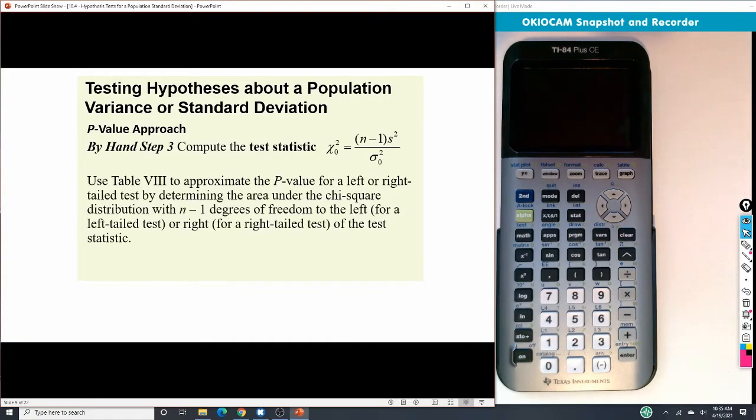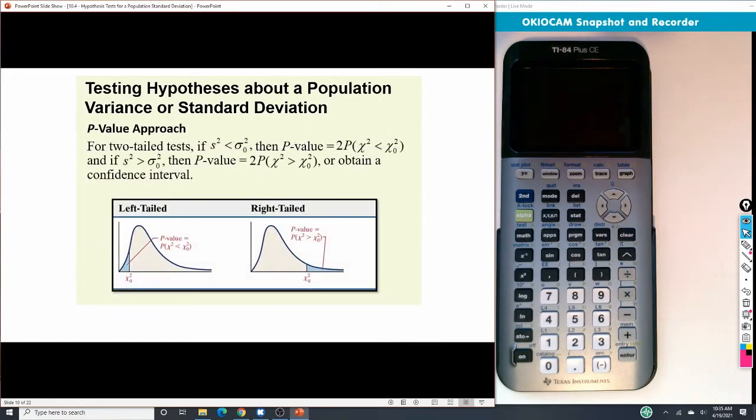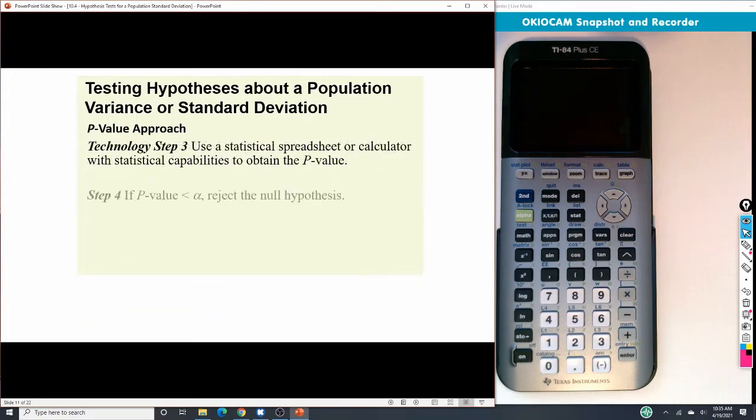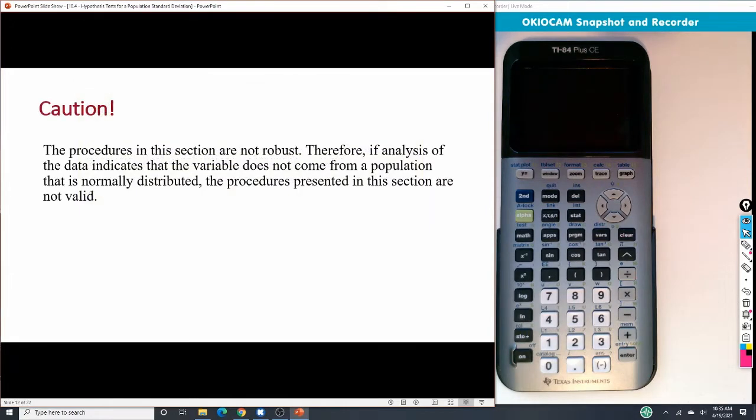Now, again, they're going to do some different things, but we're going to let that calculator do those pieces, okay? All right, and so again, all of these things are just kind of a repeat on those different pieces, okay? So again, we're looking to tell if we're going to reject or do not reject the null hypothesis.